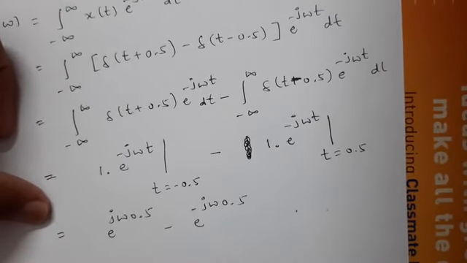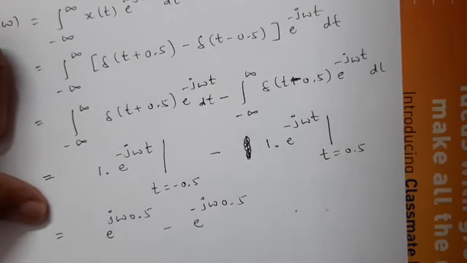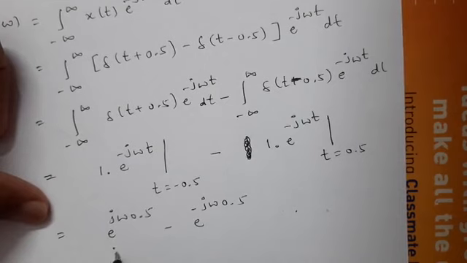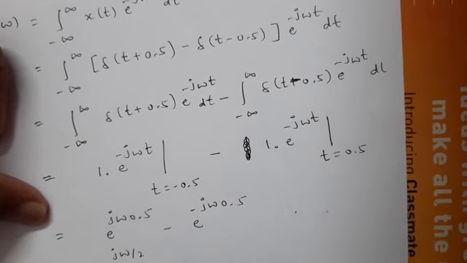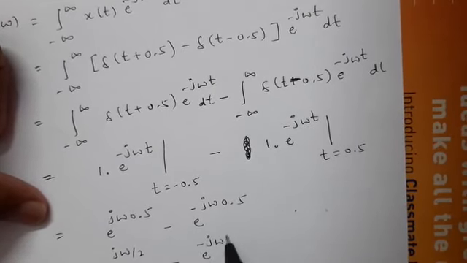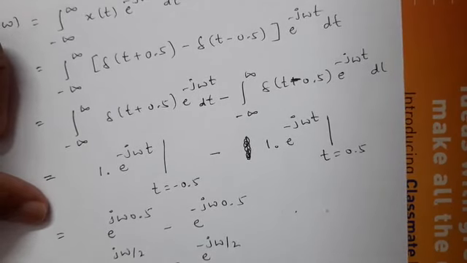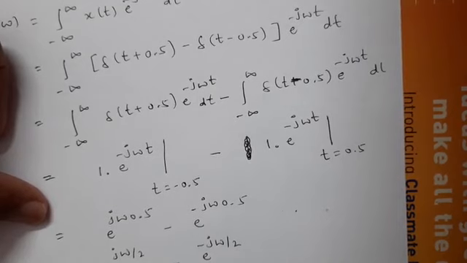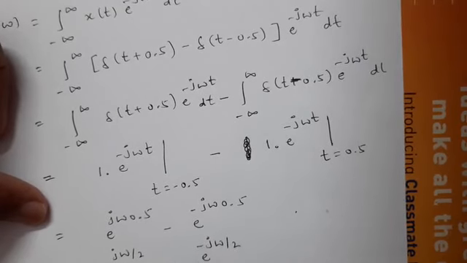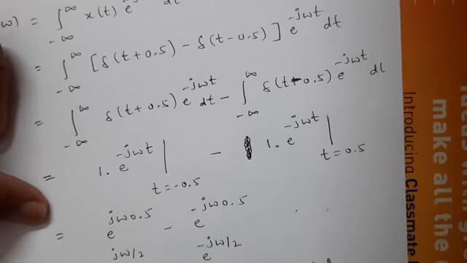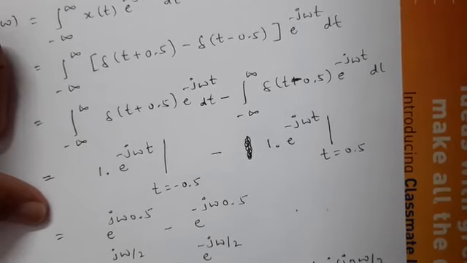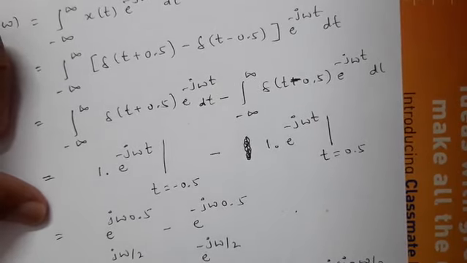So what is this? e^(jθ) − e^(-jθ), or e^(jω/2) − e^(-jω/2), which you can write as cos(ω/2) + j sin(ω/2) − cos(ω/2), this minus sign, plus j sin(ω/2). Am I right?